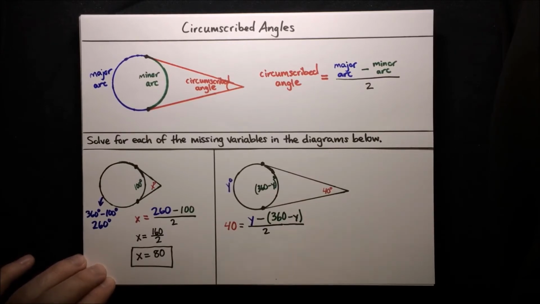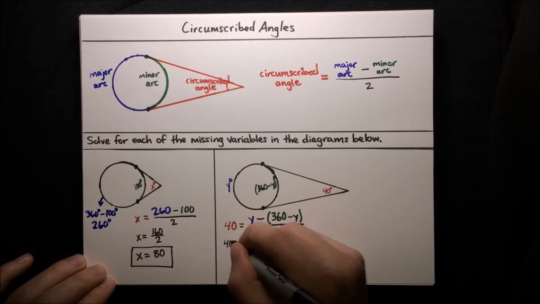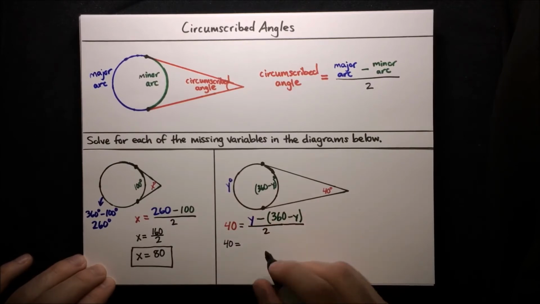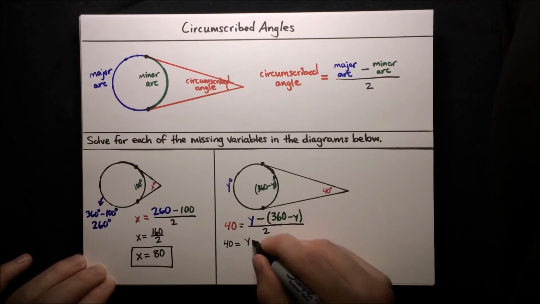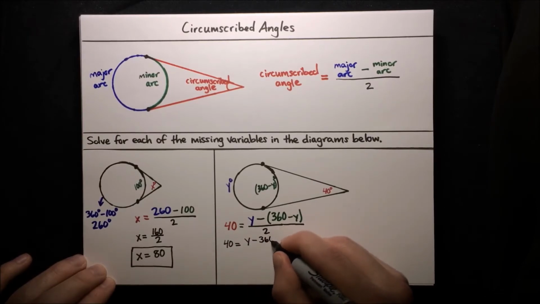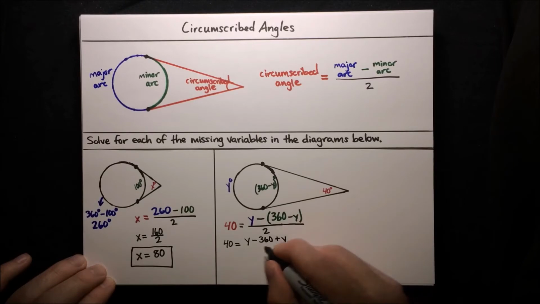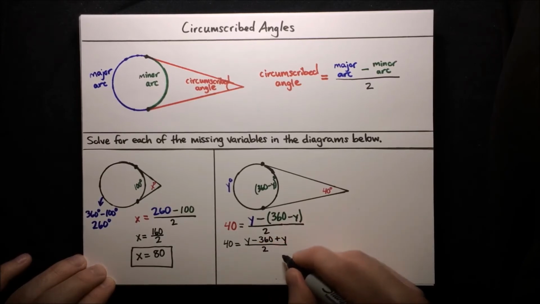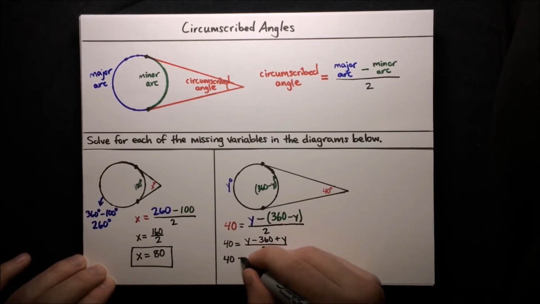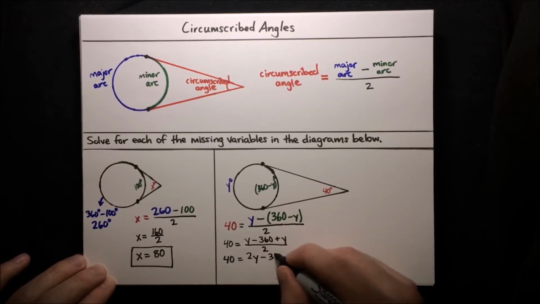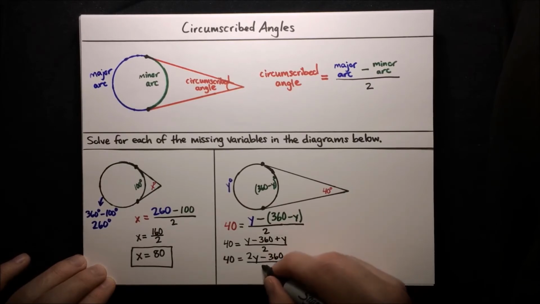So simplifying, we have that 40 is equal to, let's go ahead and distribute this negative on the numerator. So y minus 360, then plus y, and that's over 2. So 40 is equal to, we've got a y then plus y, so that's 2y, and then minus 360, and all that's over 2.